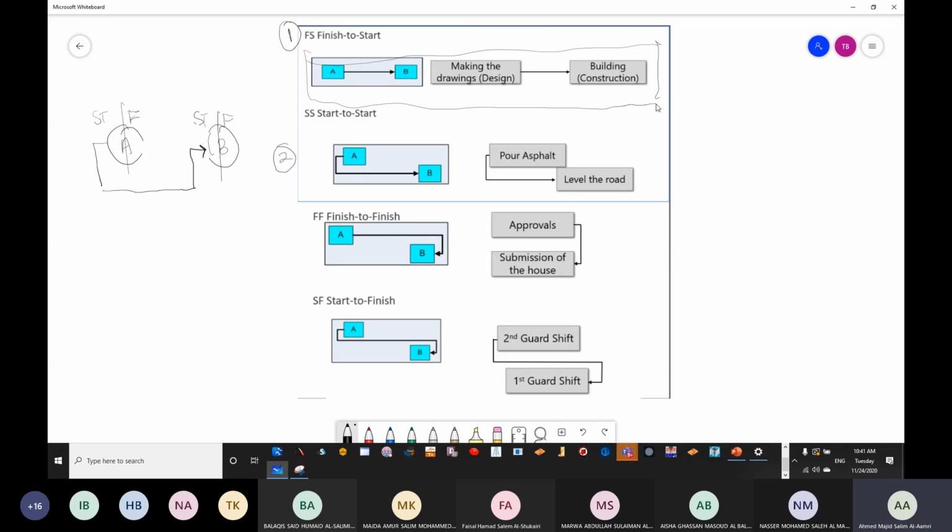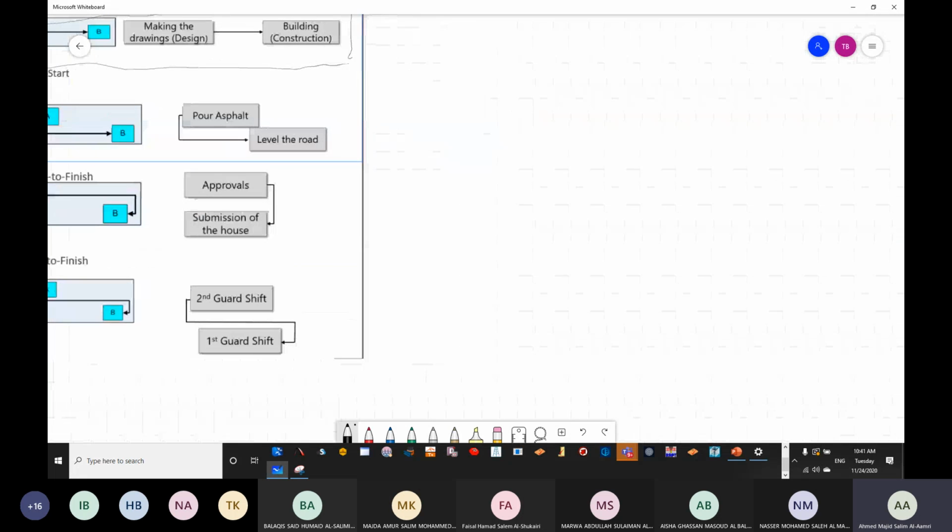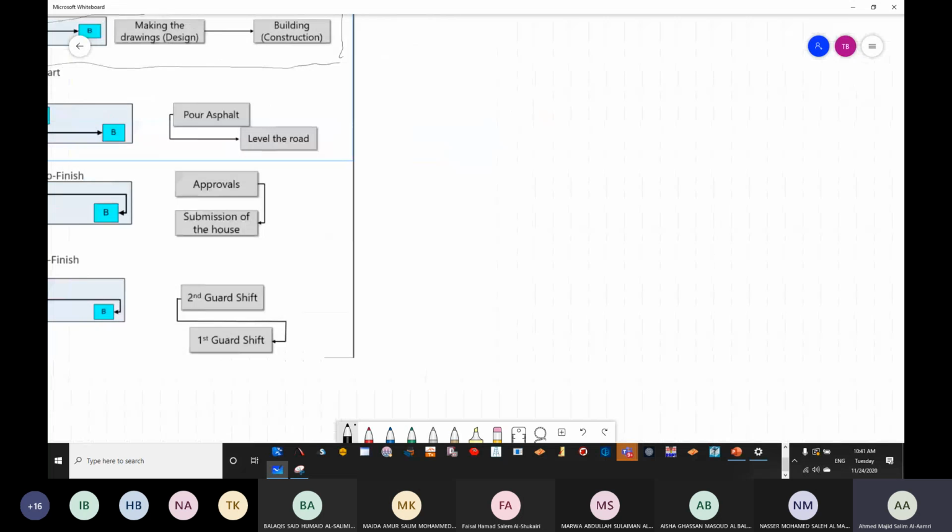Okay. Another example, which might be a little bit easier for you. Now let's say that I have a road of 20 kilometers.